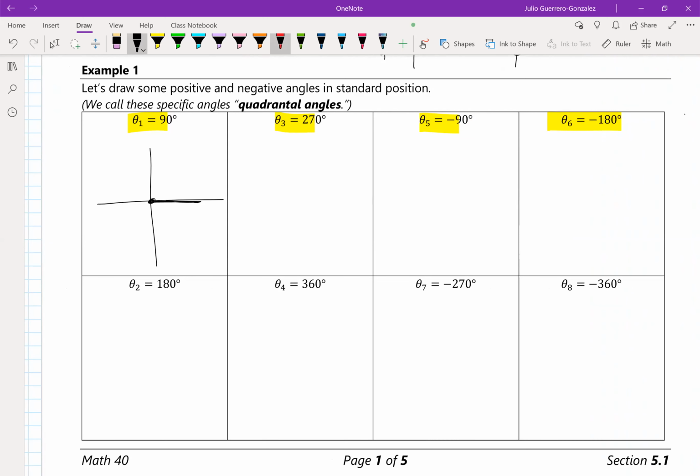I'm going to use red. 90 degrees is straight up. Does that make sense? So my angle went, actually, let me get rid of that square. My angle went that way, a positive amount, right? So now same thing with 270 degrees.